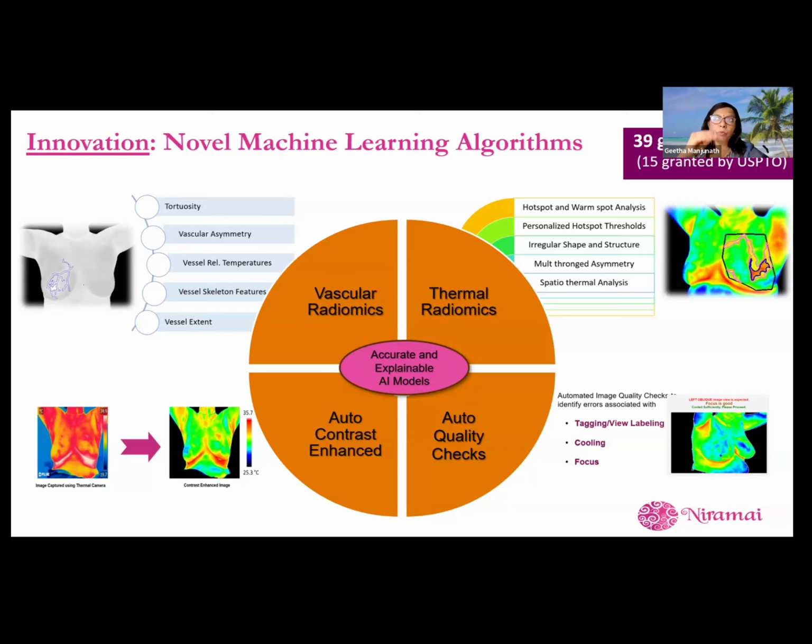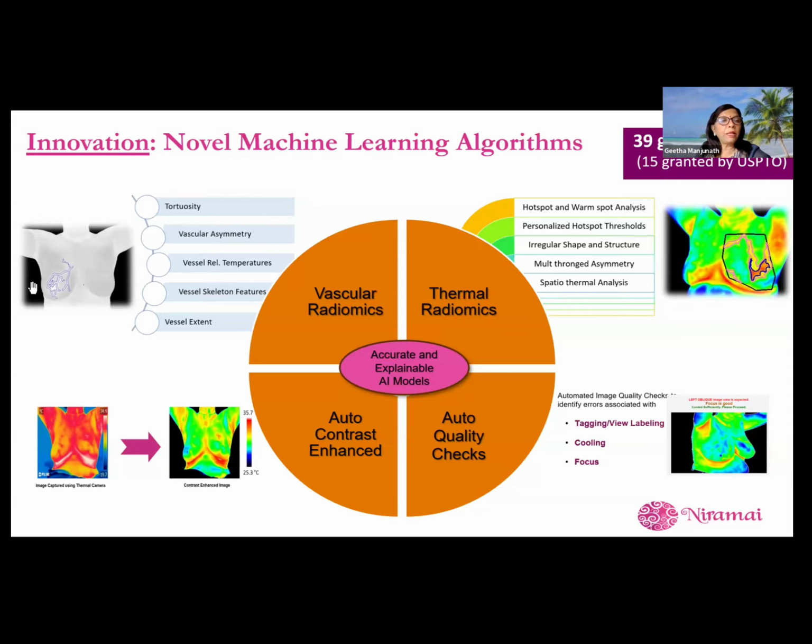So hotspot is a threshold that's computed for each and every person, a personalized hotspot threshold, so that anything above that is considered likely abnormal. Now, just like a lump can be benign or malignant, a hotspot can be benign or malignant. So again, we characterize it to say whether it's malignant or not. So that's the hotspot classifier I showed you.